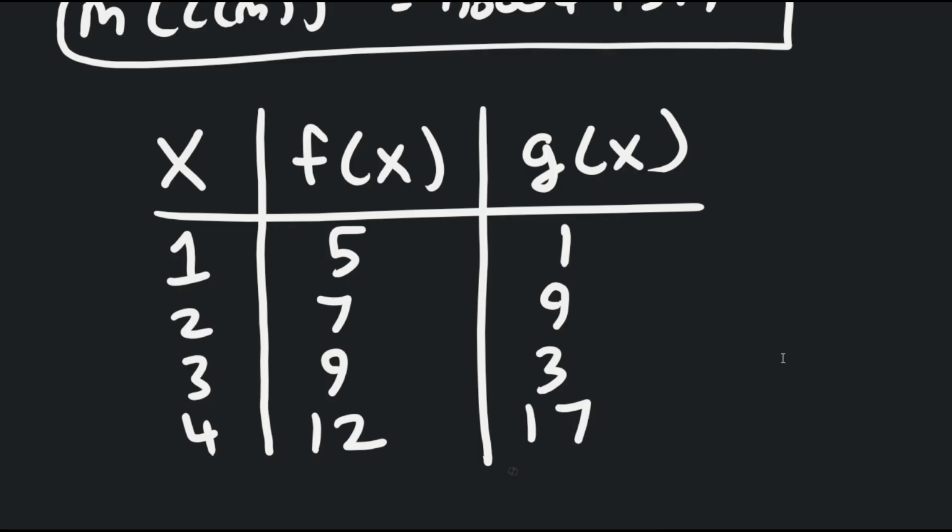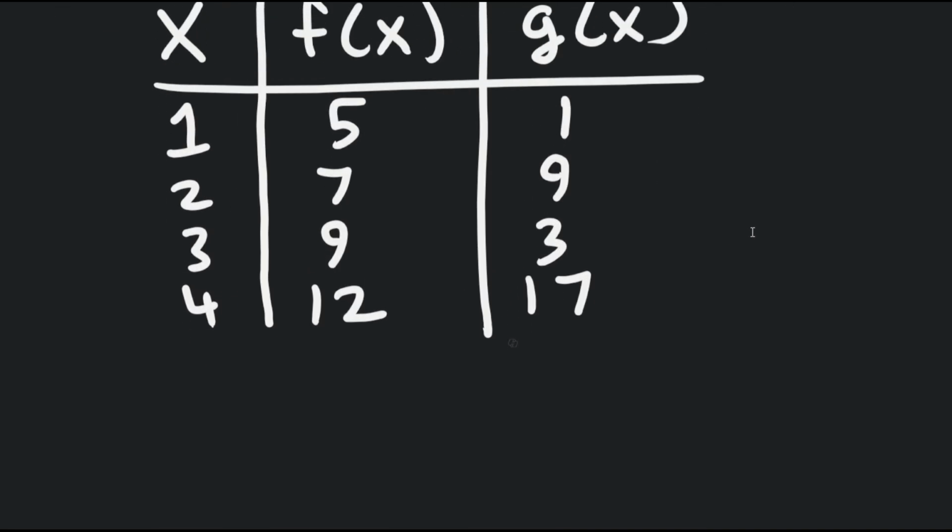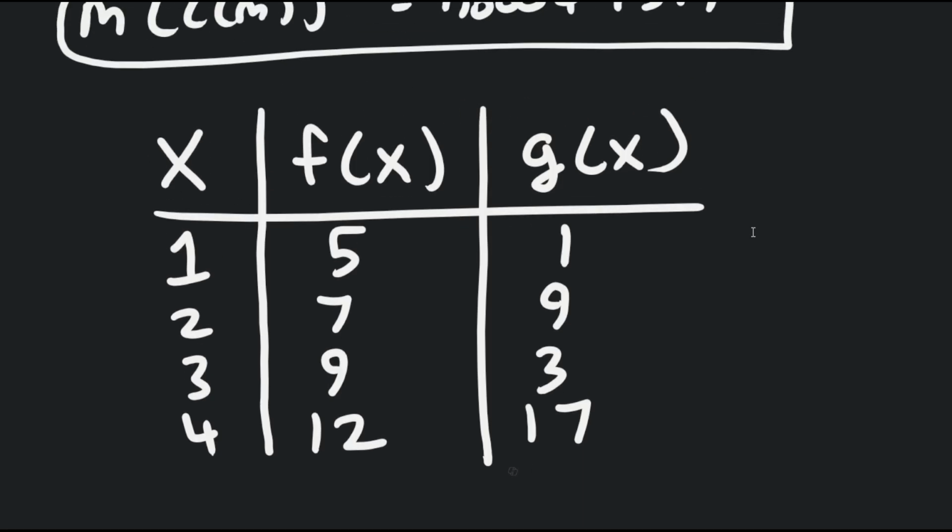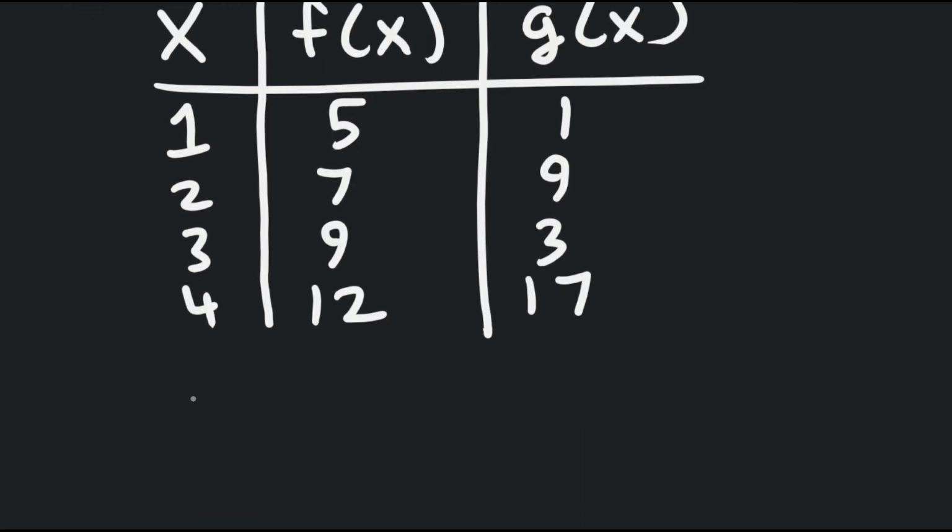And let's say we wanted to compose f and g, these two functions, and find f of g of 1. So how do we find that without formulas? We're just using these tables. How do we find f of g of 1?